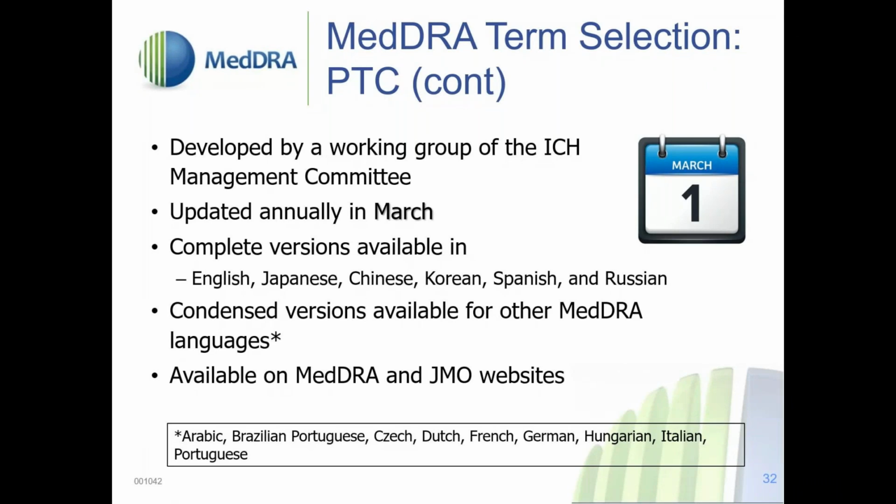So both sides of the industry will have their voices heard for the creation and update and upkeep of these coding guidelines. This document is released every March with the March version of MedDRA. So it's coming up next month and fully available in 6 different languages. There are also condensed versions available in many languages and easily accessible on the MedDRA website.